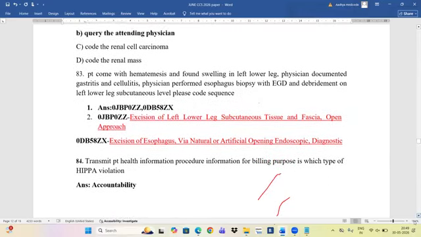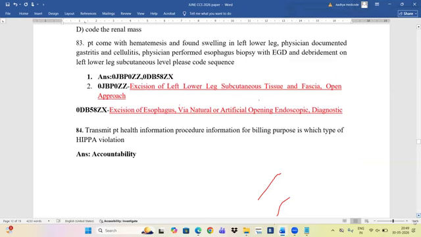Next question, you will get two PCS procedures and they will ask the sequence. Here they performed an esophagus biopsy with esophagogastroduodenoscopy and debridement of the left lower leg at the subcutaneous level. The patient came with hematemesis and swelling in the left lower leg, documented as gastritis and cellulitis. Please code the sequence.